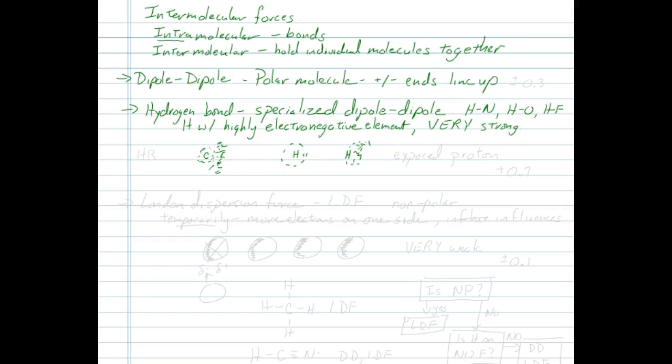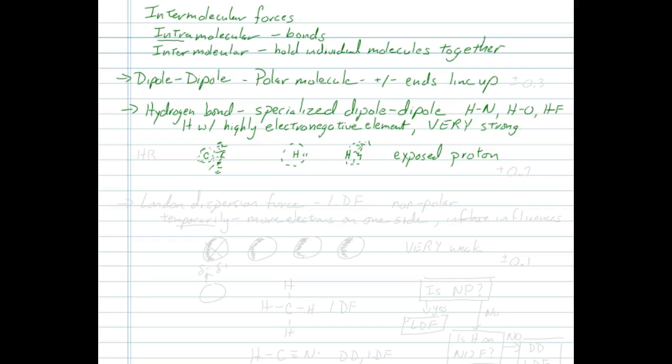So you've got an exposed proton, because it does not have an inner shell. So when its only electron layer is pulled to one side to bond with nitrogen, oxygen, or fluorine, it exposes the proton.